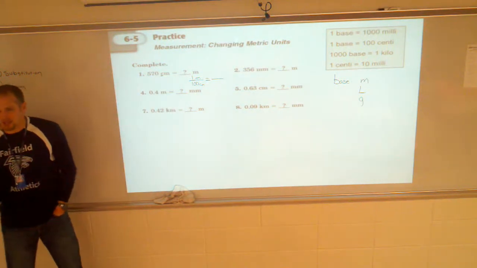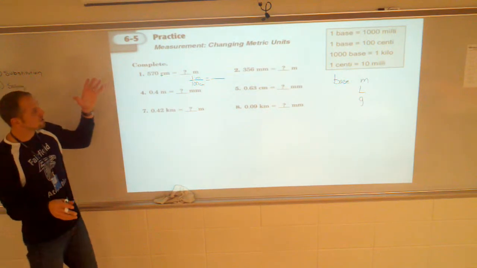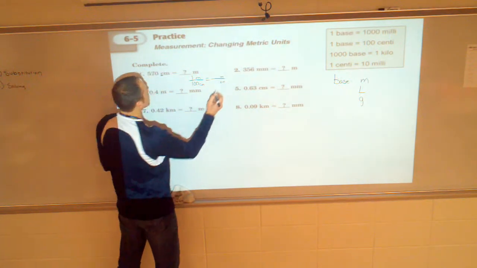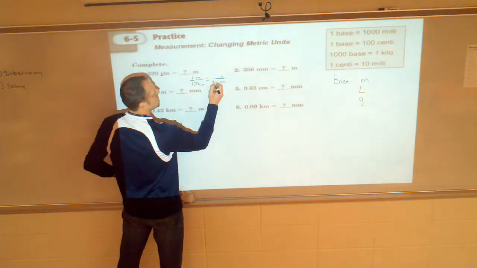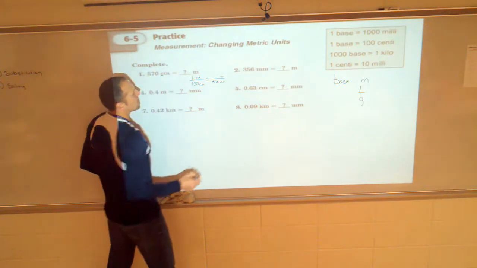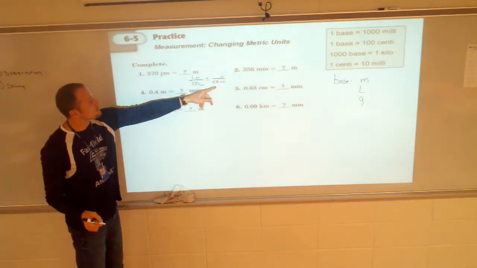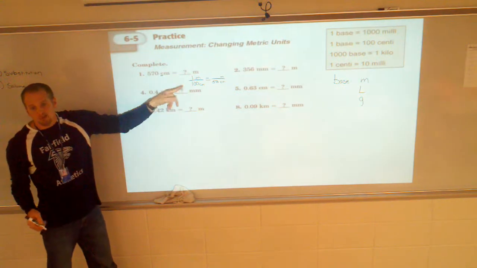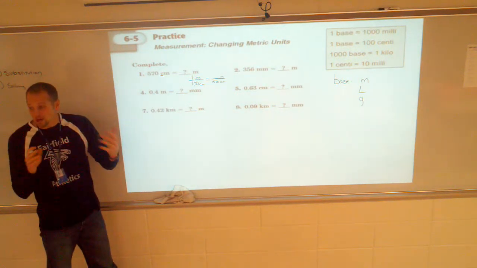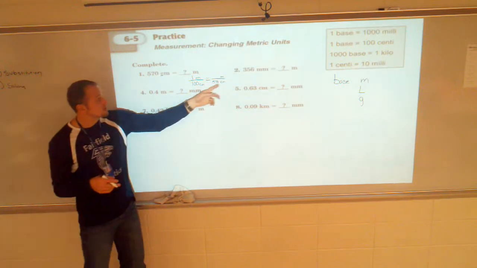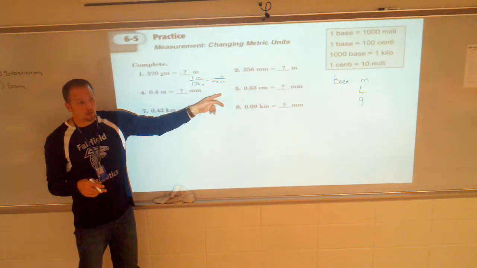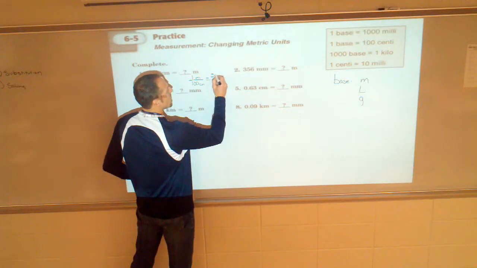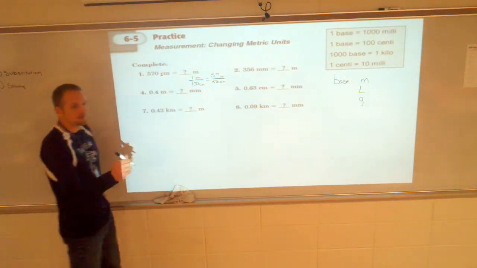From here, it's a piece of cake. Meters go across, centimeters go across. 570 comes in here. You just take 570 times 1 divided by 100. As you're working this today, all you're doing is sliding the decimal point. 570 divided by 100 is going to be 5.7.